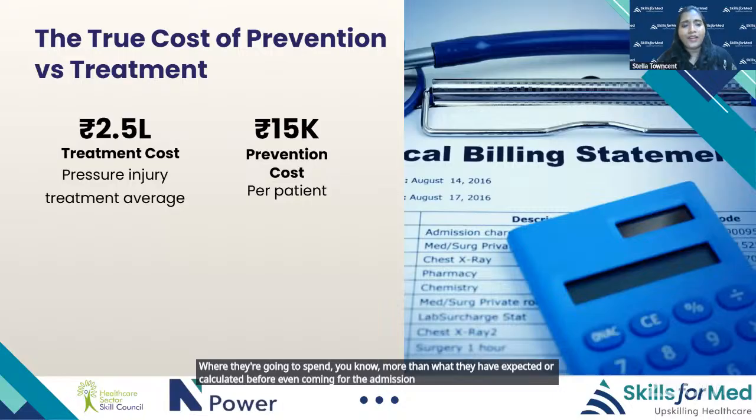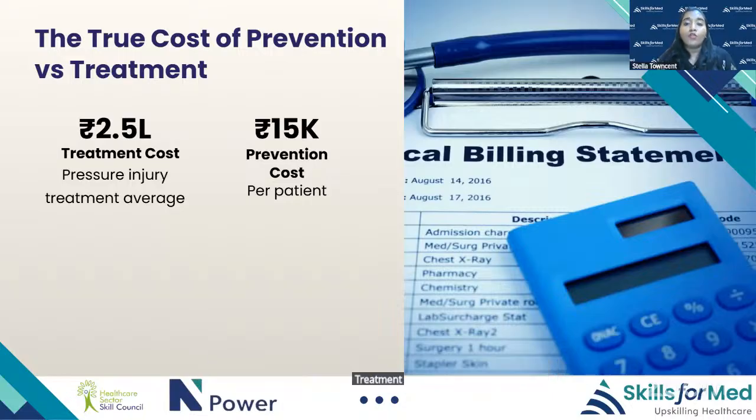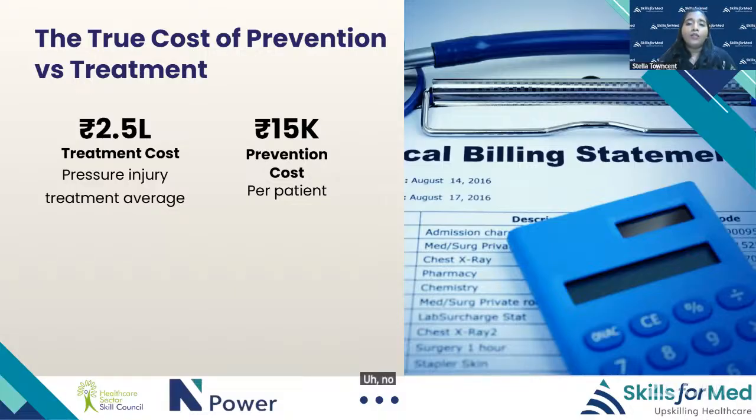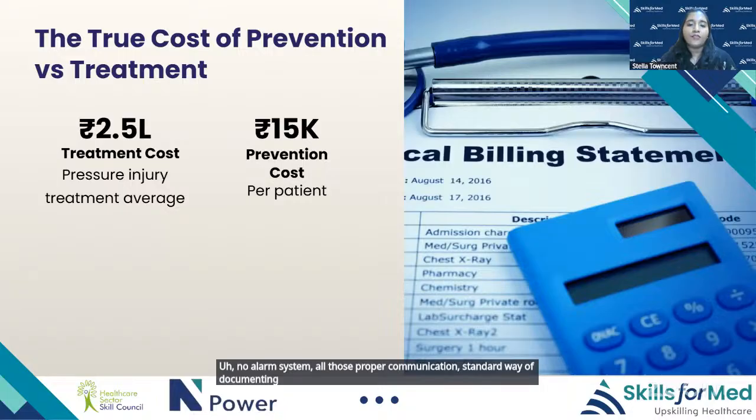The average cost, by research, is about 2.5 lakh for pressure injury treatment. So by doing proper measures, turning schedules, and as sir has mentioned, the many digital touch points on digital beds, and the alarm system, all those proper communications, standard way of documenting patterns, if you're following those up, we are going to prevent the pressure injury.